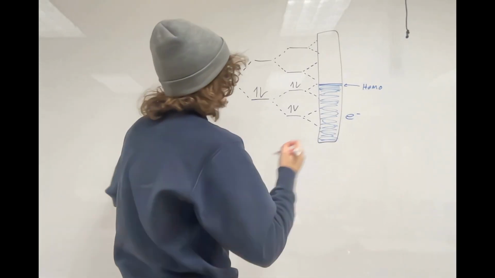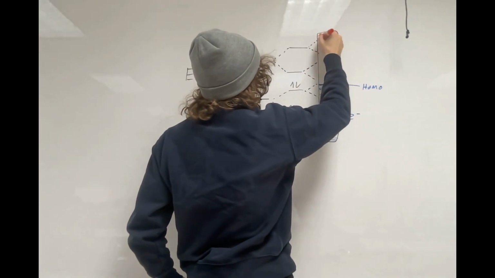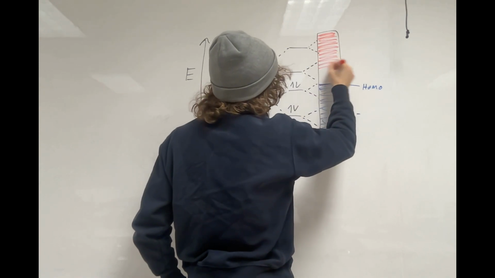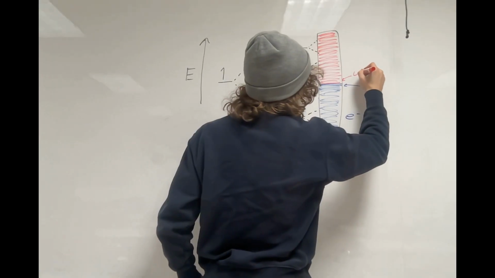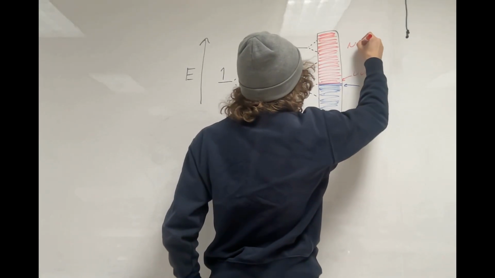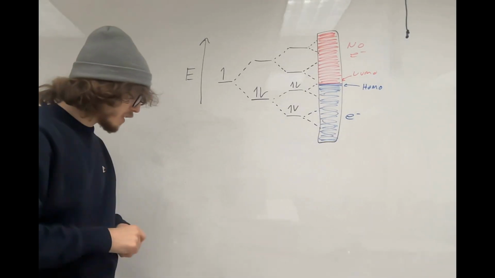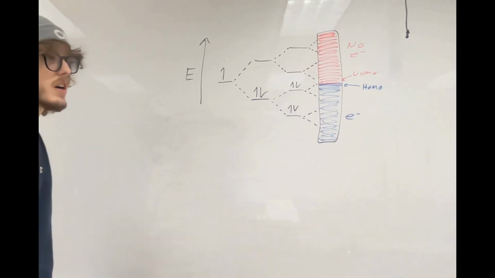Now what you also have is this non-electron density filled band, which we'll draw in red. And this is the LUMO. Okay, so this is the idea of band theory, and it's where the explanation for semiconductors comes from.